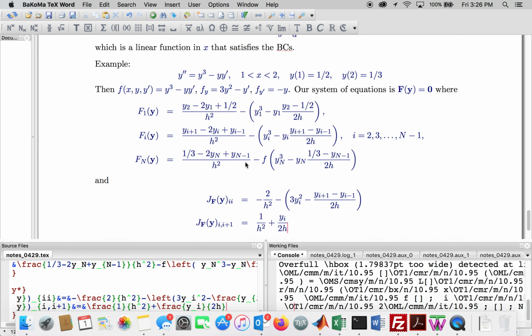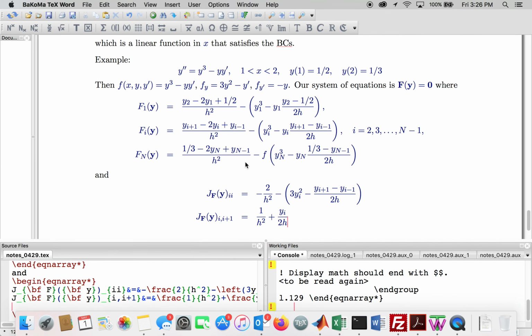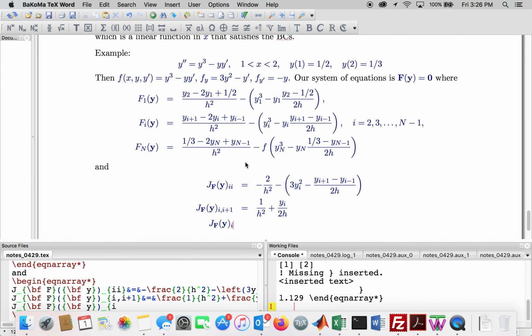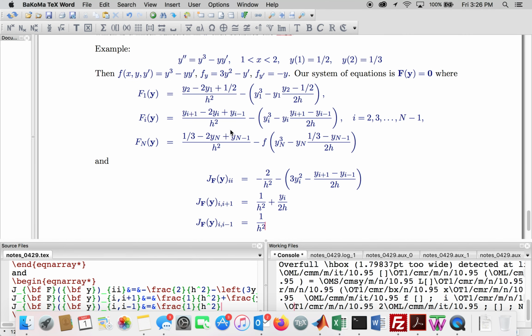And then finally, the subdiagonal entry. First part's going to turn out the same way. So what was multiplying yi minus 1 is 1 over h squared.